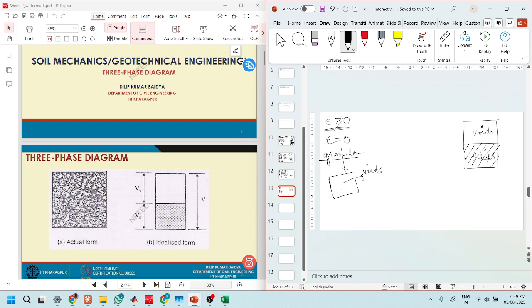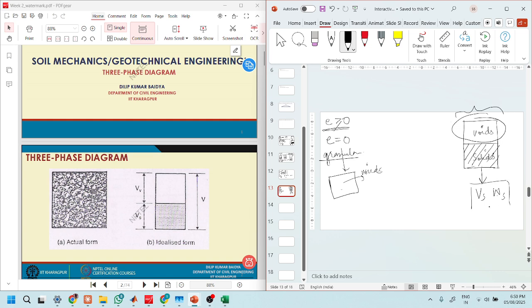So anything that we do with the soil, we compact it, we consolidate it, vibration, rolling, anything that we are doing, we are assuming that the only thing that is changing is the volume of voids. The volume of solids will be constant, the weight of solids will be constant.